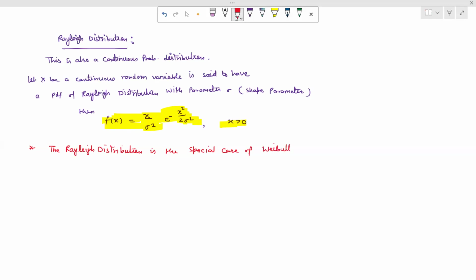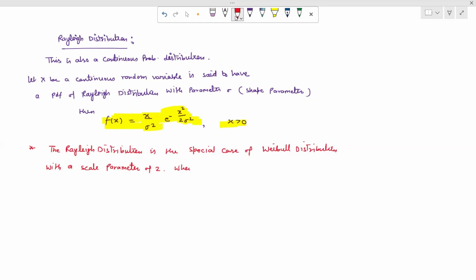We have already discussed Weibull distribution. So this is the special case of Weibull distribution with a scale parameter of 2.